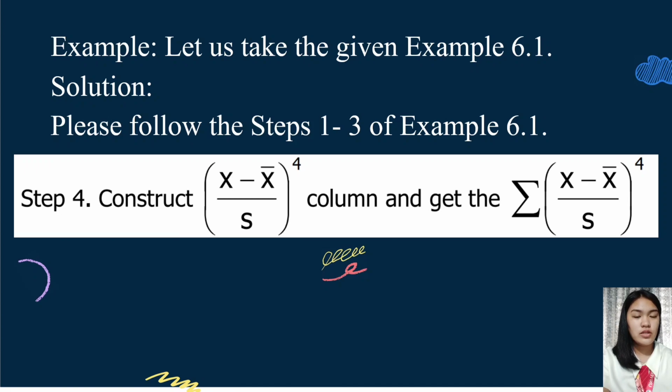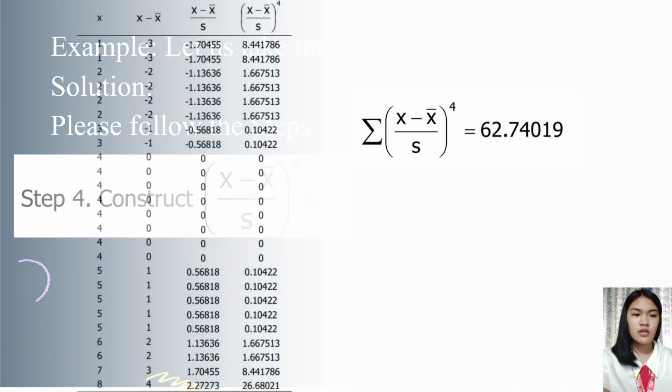So the solution, we will follow steps 1 to 3 of example 6.1. And for step 4, we will construct the x minus mean divided by s raised to the power of 4, so that we will get the summation of x minus mean divided by standard deviation raised to the power of 4.